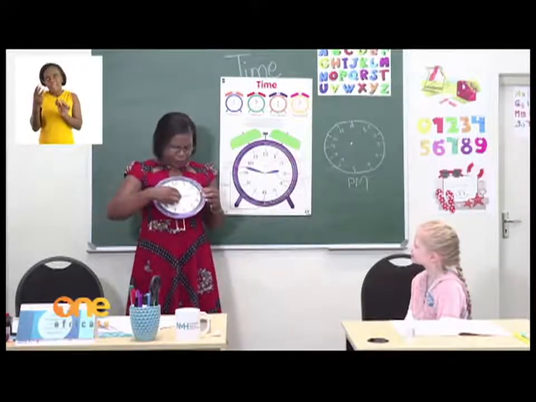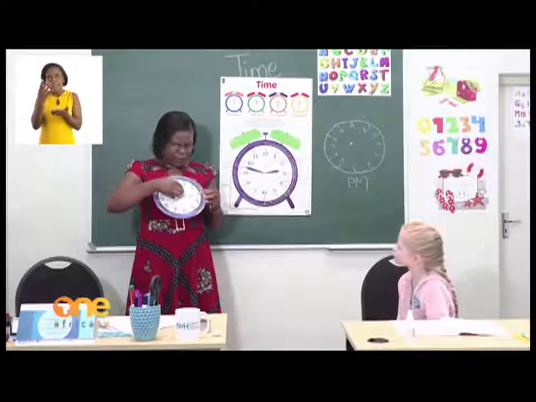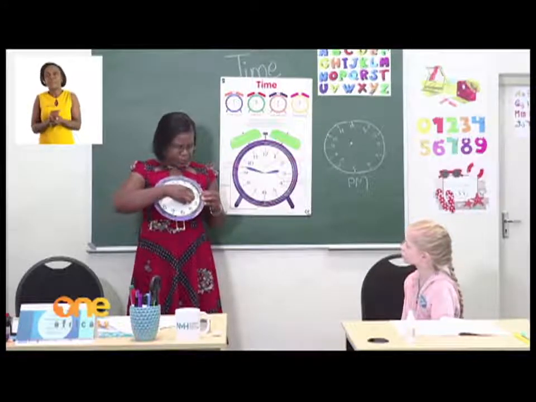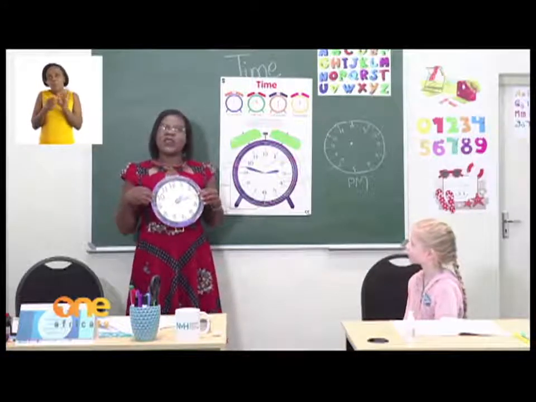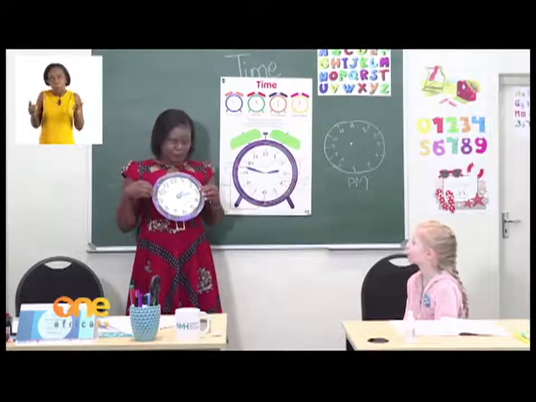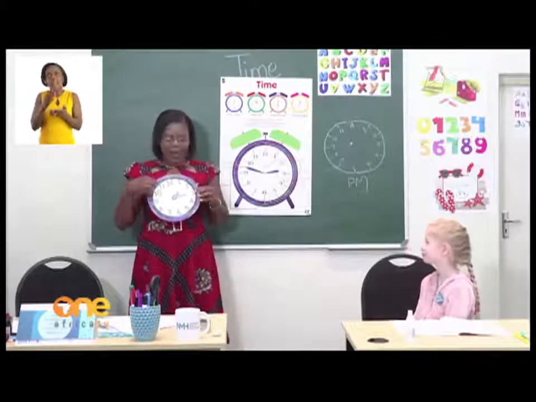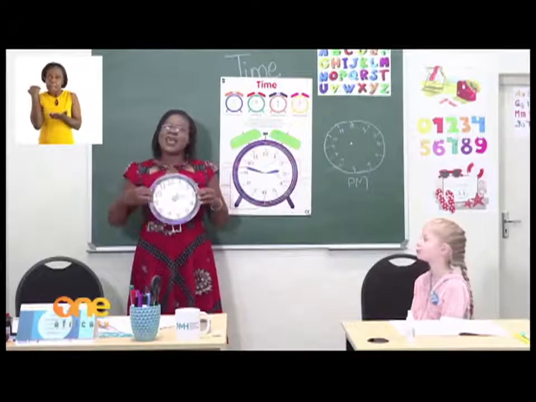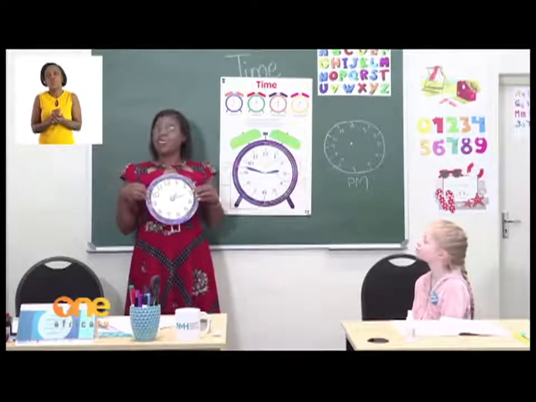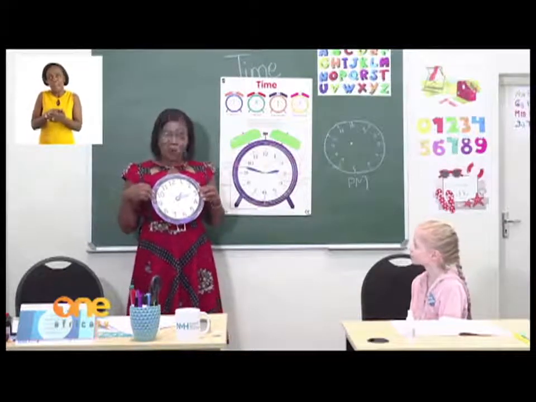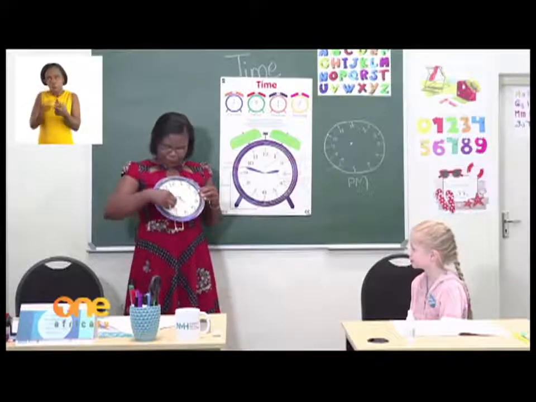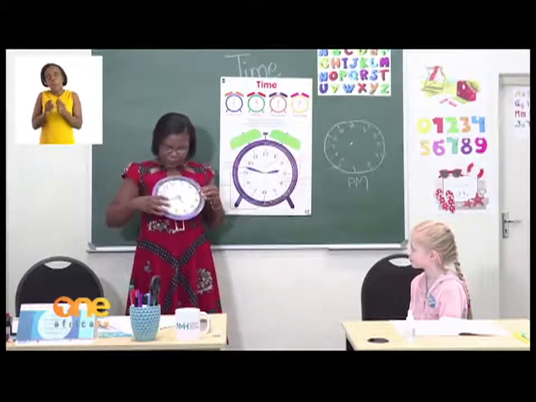Now, I'm bringing it closer. Maybe it is on the 2, and then the long one is on the 3. We say quarter past 2. Thank you very much. Now let's try quarter to. The long hand is on the 9.